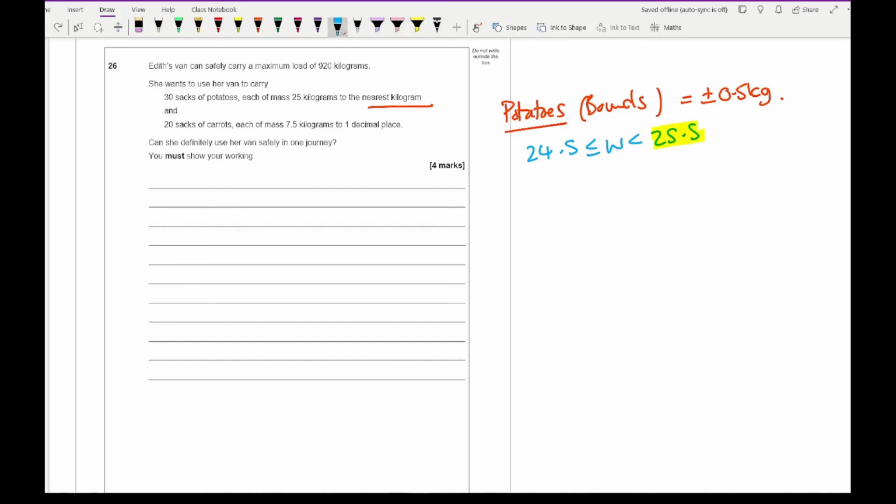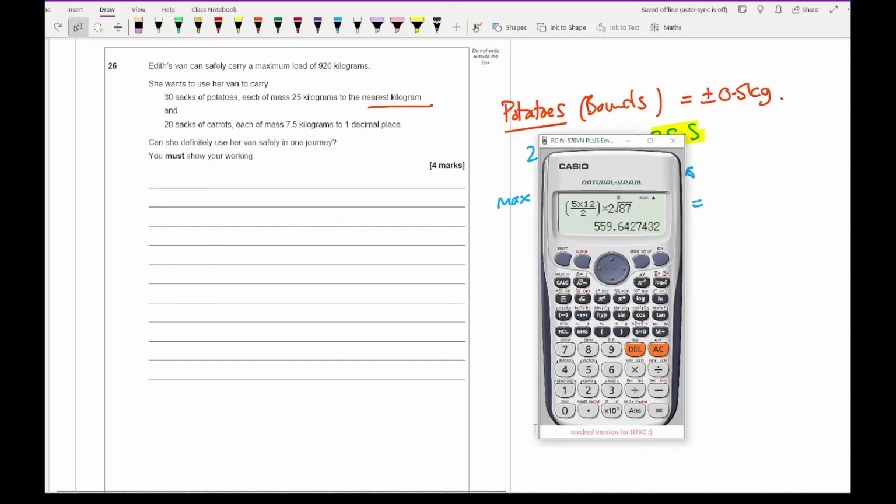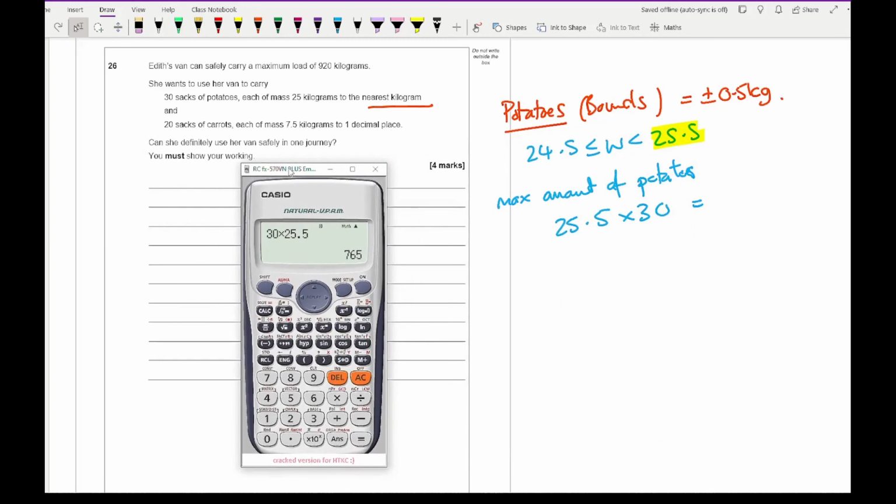So the maximum amount of potatoes in total is going to be 25.5 times 30, which on my calculator gives me an answer of 765.